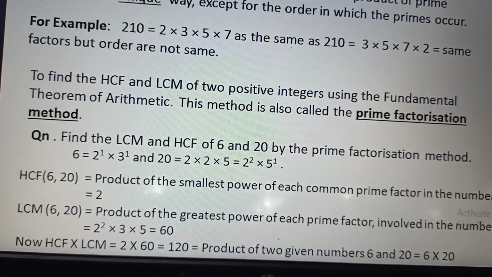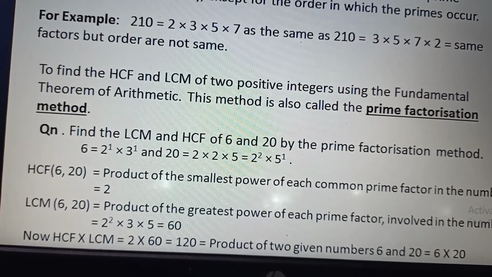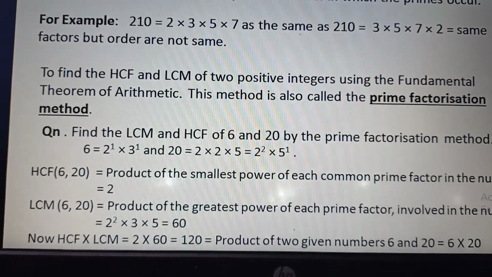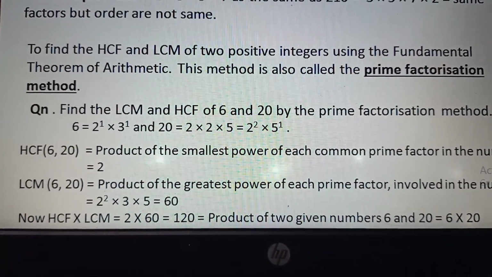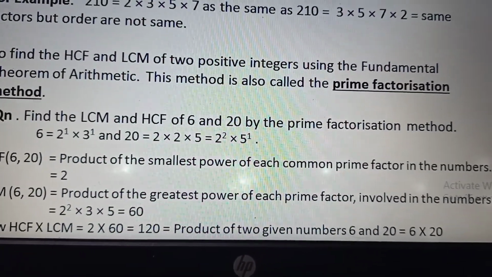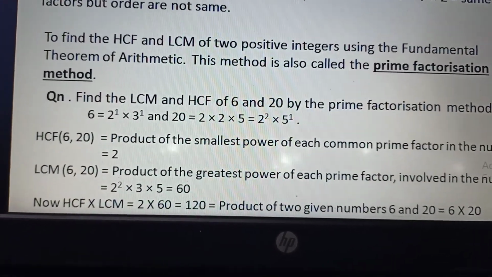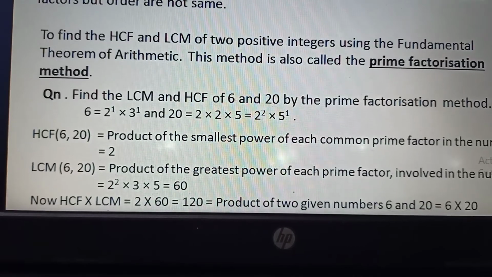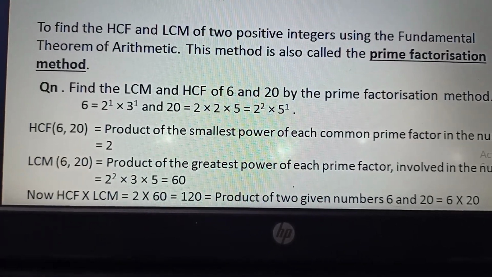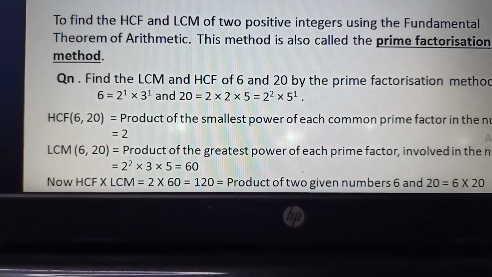So HCF is the product of the smallest power of each common prime factor. That is, among the common prime factors, their lowest power will be the HCF. And what is LCM?